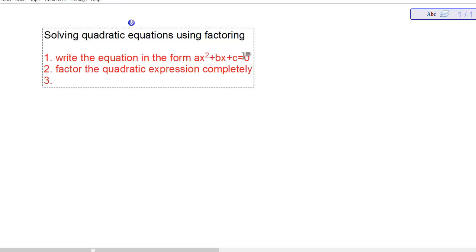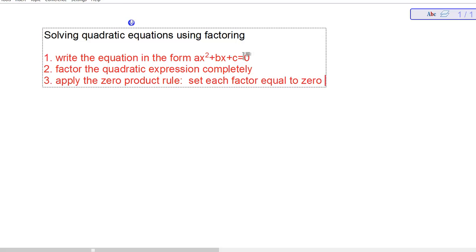And then the third step is we are going to apply the zero product rule. What that means is we're going to set each factor equal to 0 and solve the resulting equations.